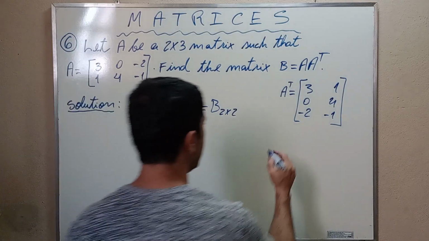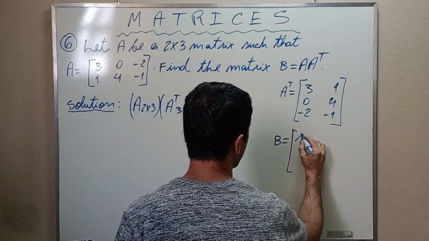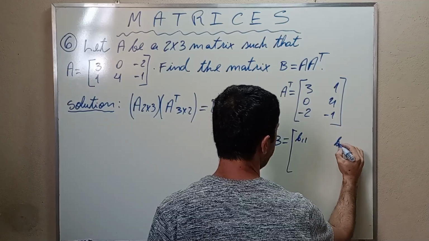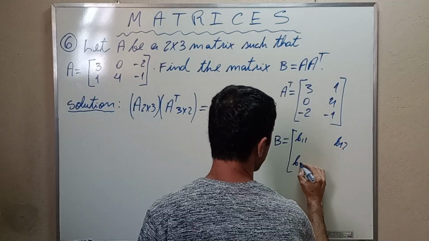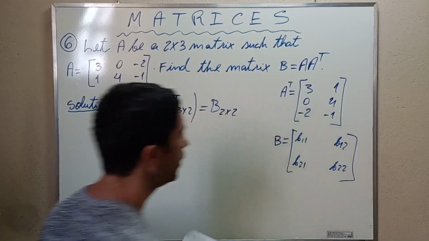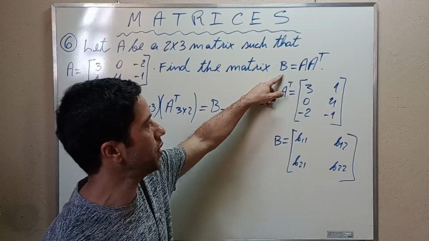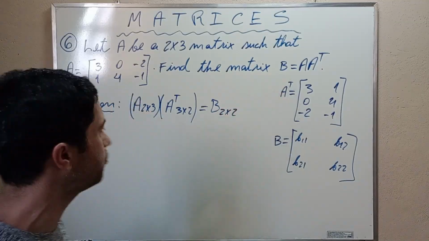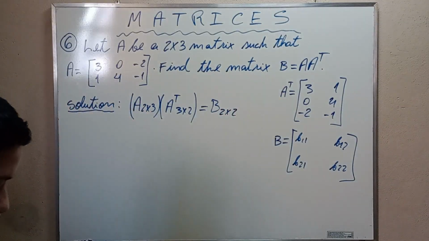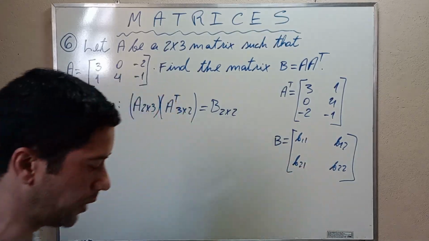Then matrix B is gonna be B11, B12, B21, and B22, alright? This is matrix B resulting from the multiplication between A and the transpose of A. All we need to do now is to find B11, B12, B21, and B22, okay?